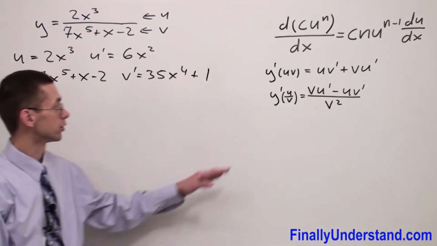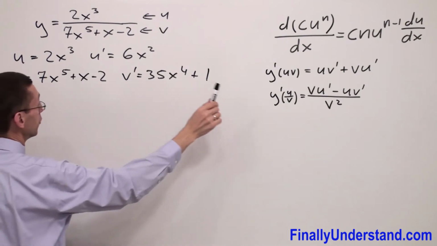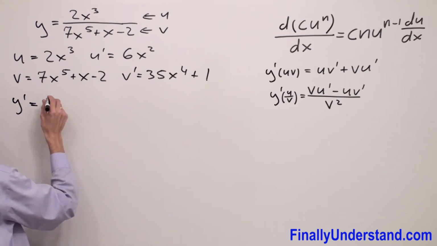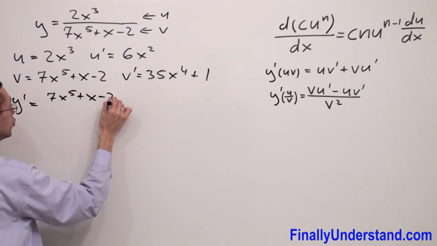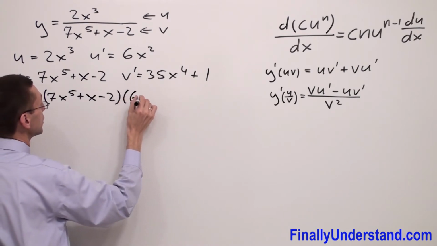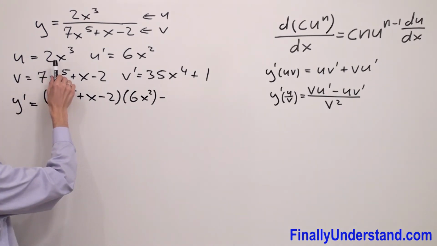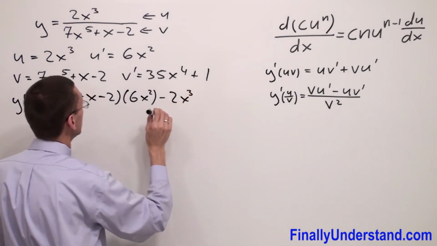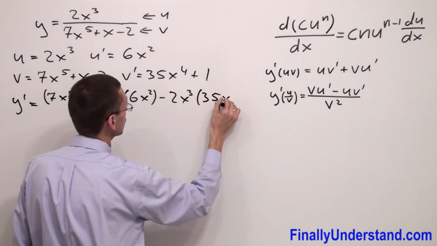Next, we're supposed to use the formula for the quotient. So I have y prime is equal to v, which is 7x to the fifth plus x minus 2, times u prime, which is 6x squared, minus u, 2x cubed, times v prime, which is 35x to the fourth plus 1.